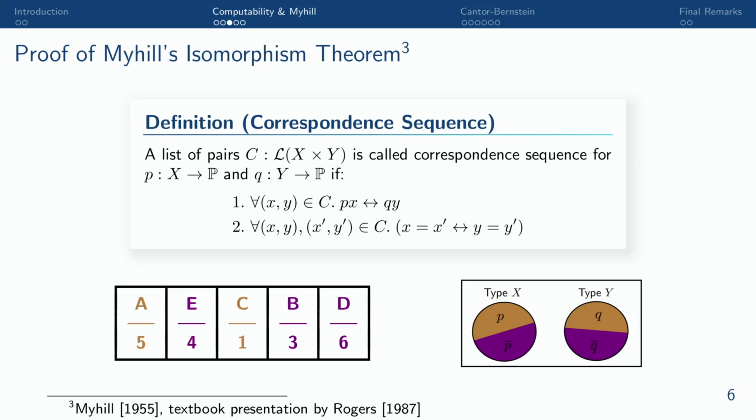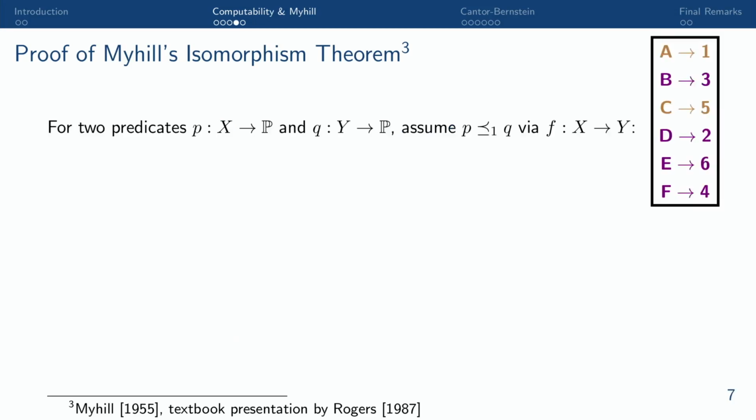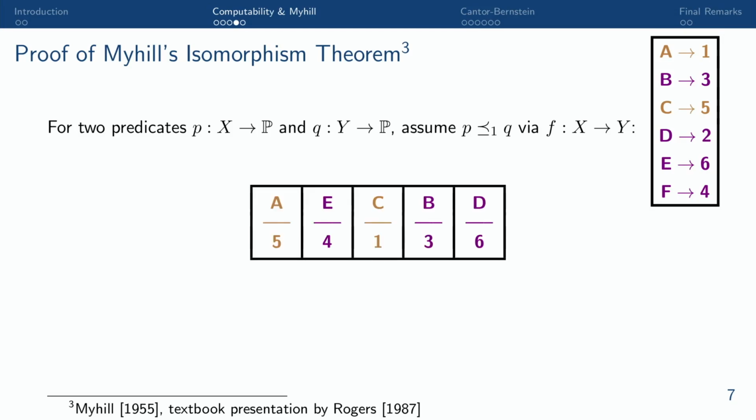And now the crucial idea of the proof is that if we have a 1-1 reduction and we have some function f, like there as an example, that we then can extend and therefore approximate the final bijection. So if we have a correspondence sequence and a fresh element f, we now can use this injection to travel through the correspondence sequence. So we apply the function f, use the correspondence sequence to again get a letter, apply again the function f, and so on.